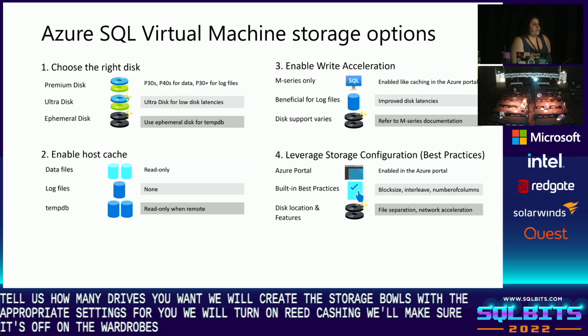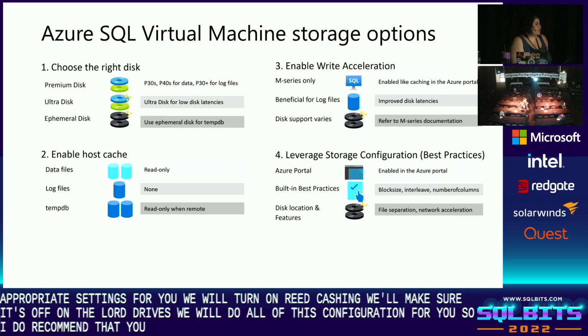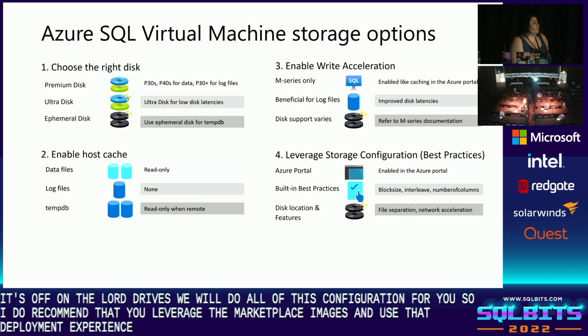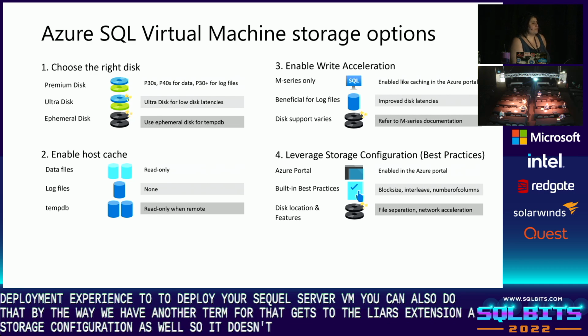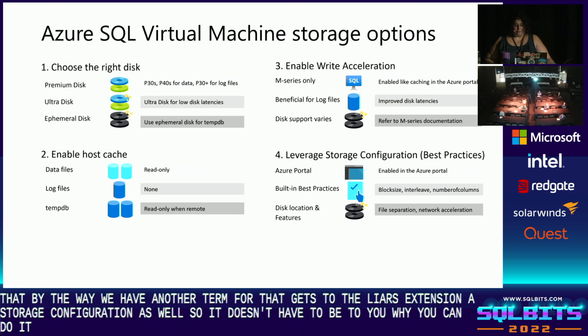We will do all of this configuration for you. So I do recommend that you leverage the marketplace images and use that deployment experience to deploy your SQL Server VMs. You can also do that through an ARM template, by the way. We have an ARM template that gets you the IaaS extension and the storage configuration as well. So it doesn't necessarily have to be through the UI. You can do it through ARM as well.